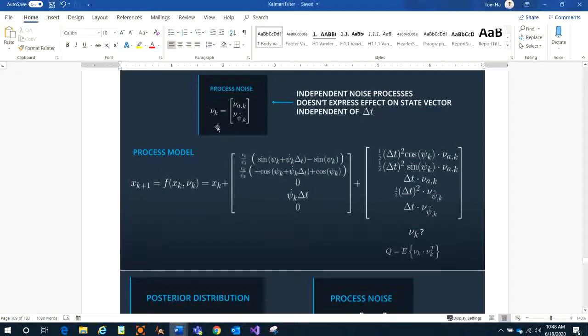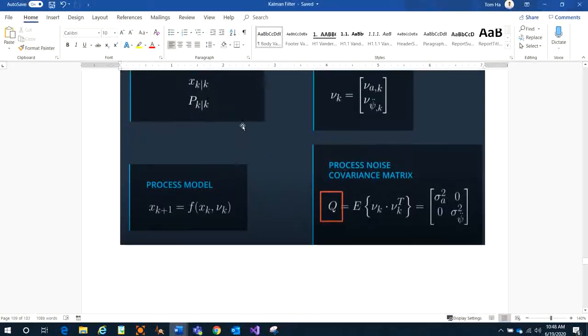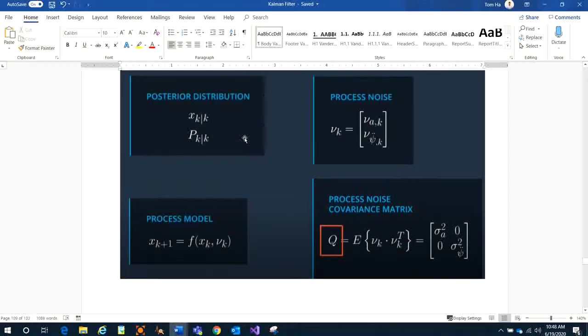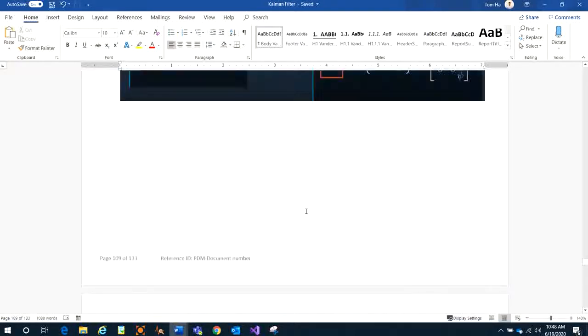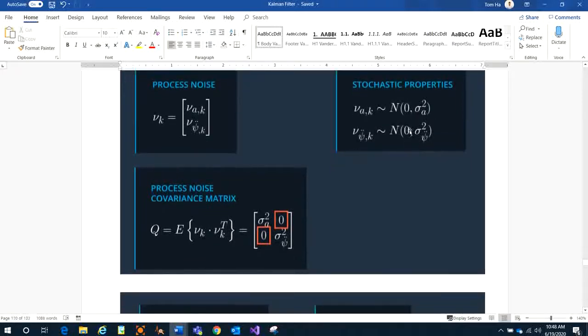We say this matrix, right? And this matrix is a distribution with the mean 0 and the covariance sigma a square and sigma yaw acceleration square.